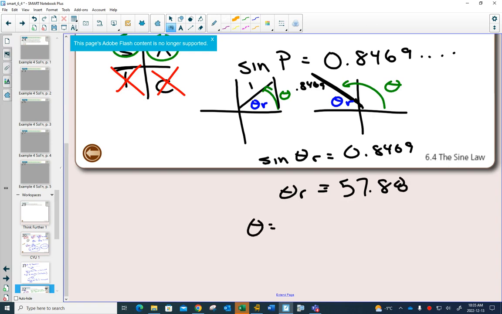So my actual angle could either be 57.88, or in quadrant 2, it could be 180 minus that, 122.12.